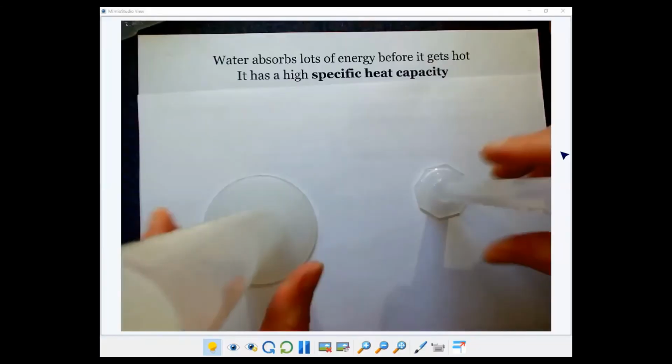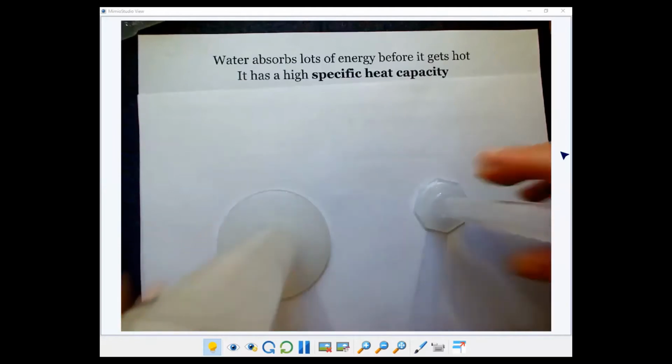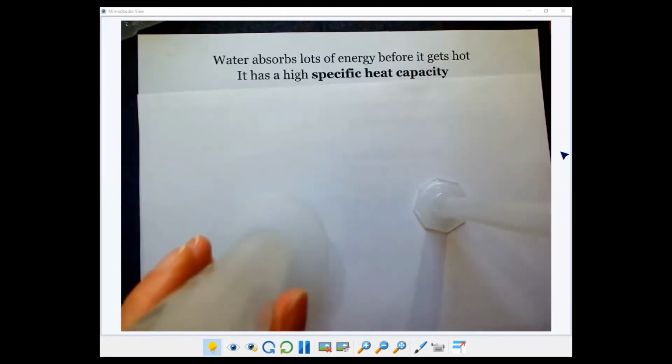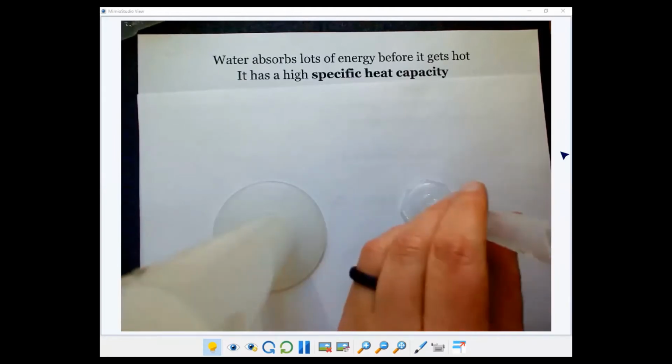Okay, so let's look at these waters and see if we can do some calculations with it. We've got the 100 milliliters here and the 1 milliliter here. Water is really cool and useful and ubiquitous, and chemists use it all the time. So water absorbs a lot of energy before it gets hot. It's one of the really special things about water, and life on our earth wouldn't be the same without that property.